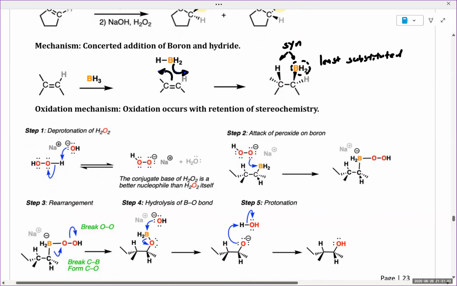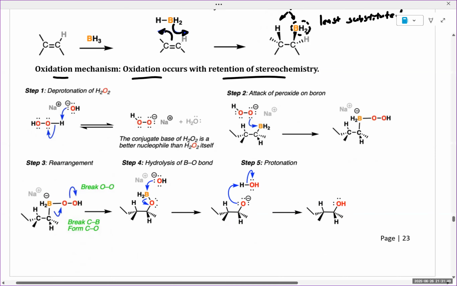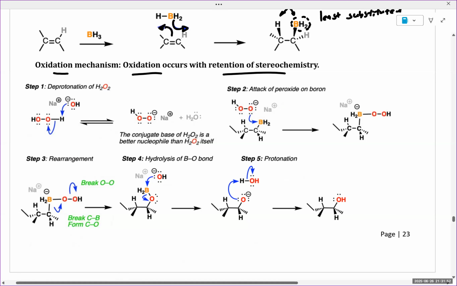In terms of the oxidation mechanism, the oxidation occurs with retention of stereochemistry. I will show you this oxidation mechanism, but you won't have to draw this full mechanism on an exam, but you should be familiar with how it works. The key thing to take away is the oxidation occurs with retention of stereochemistry. So in the first step, we deprotonate hydrogen peroxide. Next, we have the attack of peroxide onto boron.